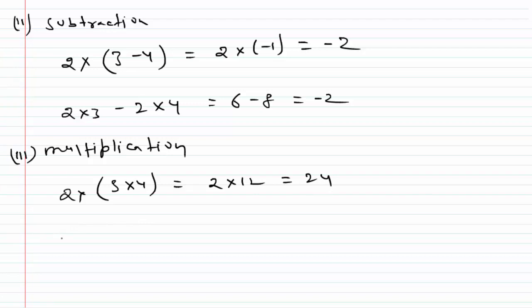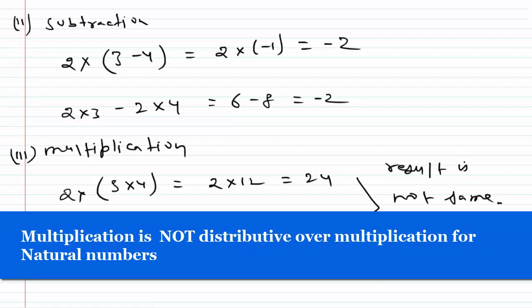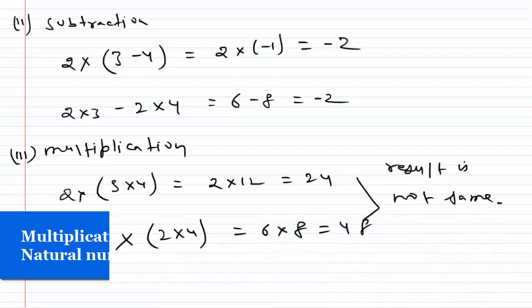And in the second form of the expression you can write it as 2 into 3 and then perform the operation multiplication on 2 into 4, then you will get the result as 6 into 8, that is equal to 48, and this is not same. So we will say that multiplication is not distributive over multiplication for natural numbers.